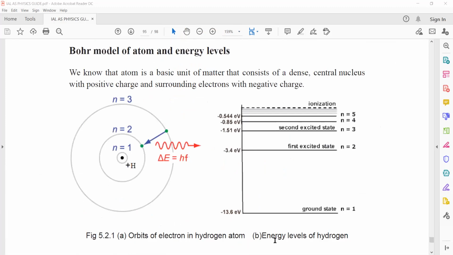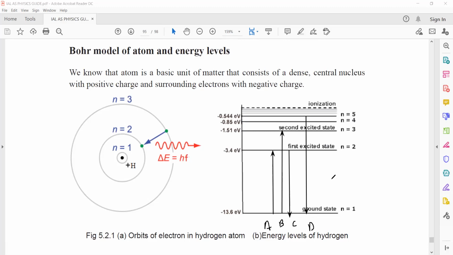When the electron is in its own energy level, we call that the ground state. When it jumps, for example, which one will release the highest amount of energy? For example, you have options A, B, C, and D. Which one will release the highest amount of energy? When it jumps from a higher shell to a lower shell, it will release energy. When it jumps from lower to higher, it will absorb energy.